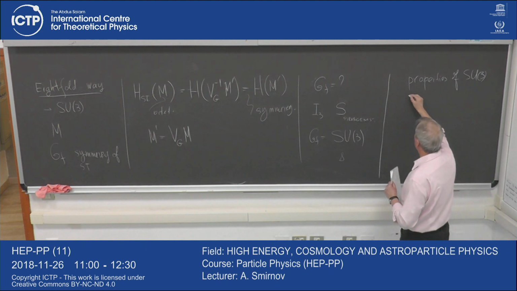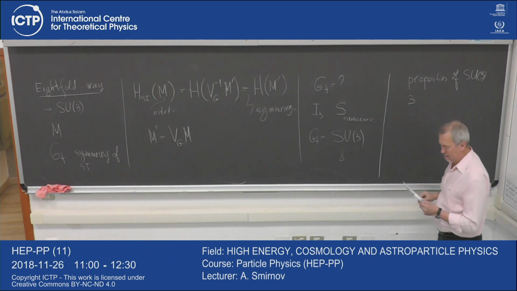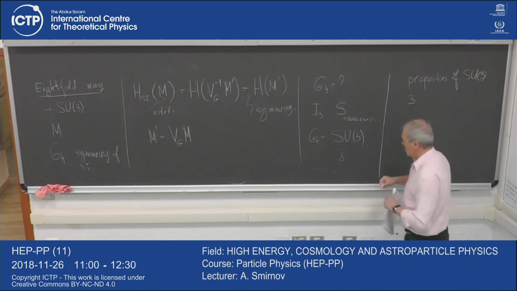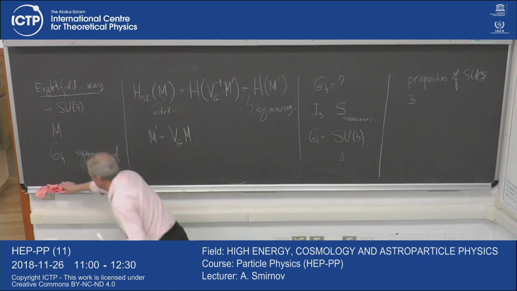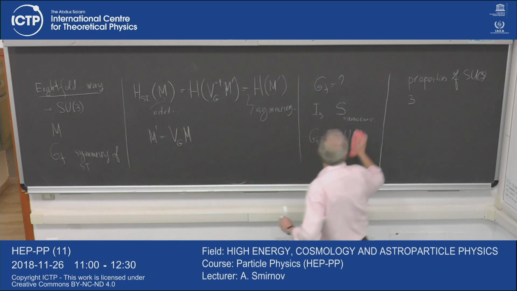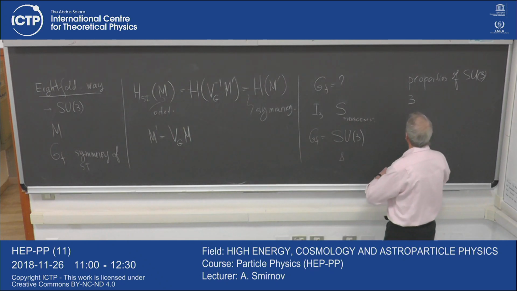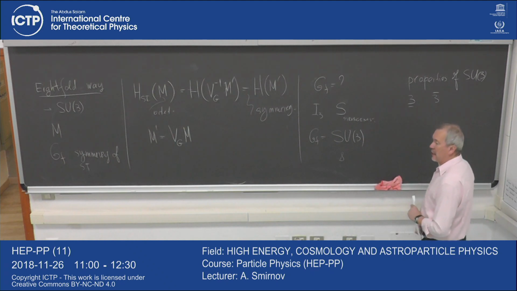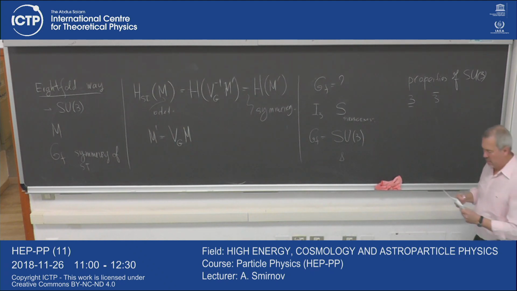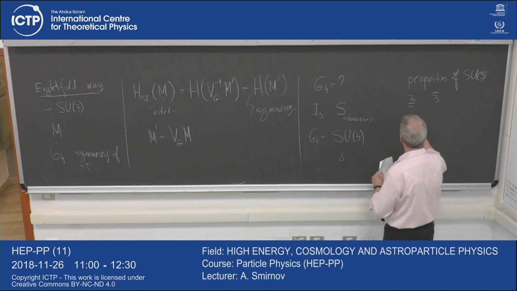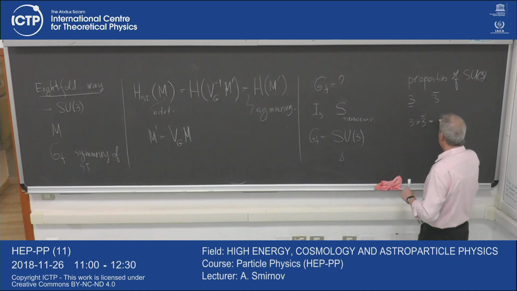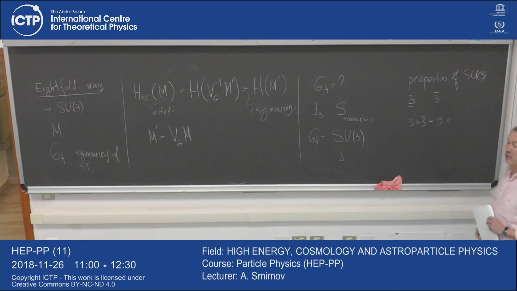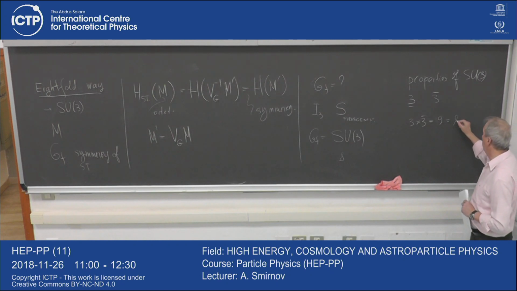It has the fundamental representation 3, and also 3 bar. We can construct higher representations of this group, in particular using the product 3 times 3 bar. It has 9 components, and it can be expanded into irreducible representations as 8 plus 1.